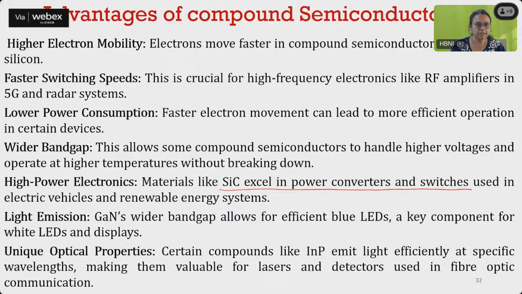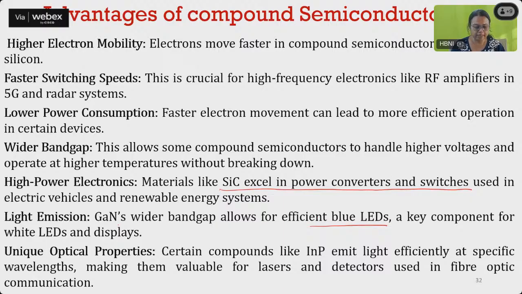Then light emission: silicon and germanium are indirect band gap, so they cannot give out photons when the electron jumps from the conduction band to the valence band. But gallium nitride has a wider band gap and a direct band gap, so it can be efficiently used for LEDs.